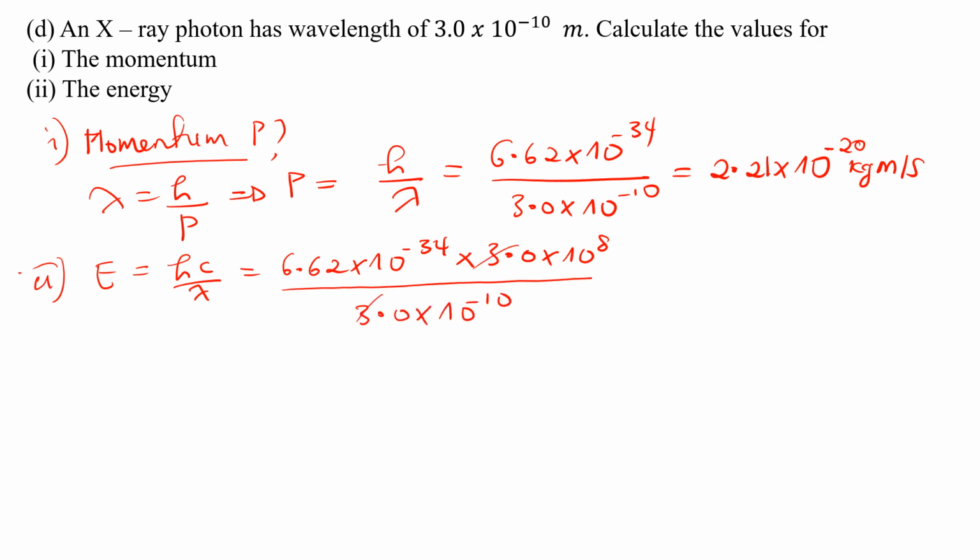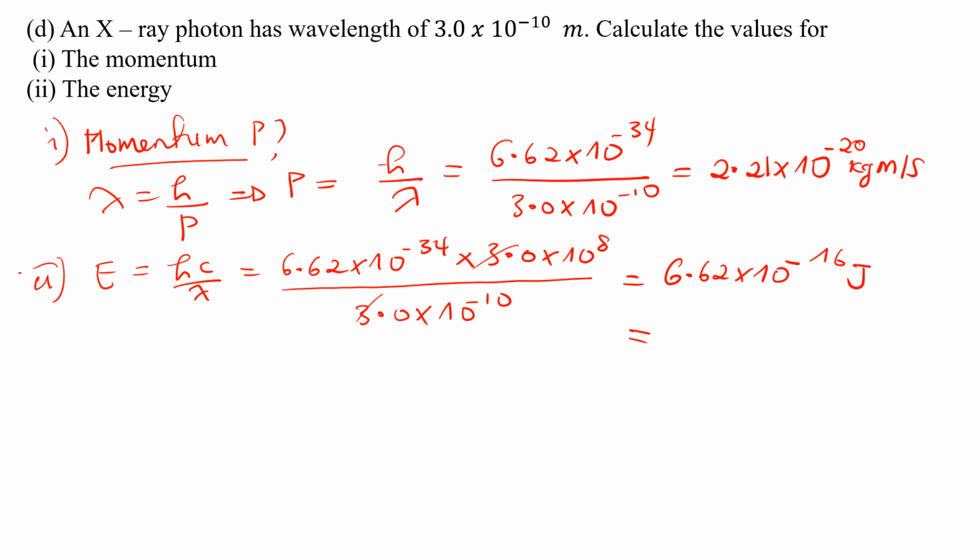So the 3 will simplify and we have 6.62. Negative 34 plus 8 will give us negative 26 plus 10, negative 16. So the energy will be equal to 6.62 times 10 to the negative 16 joules, which we can also convert to electron volts.